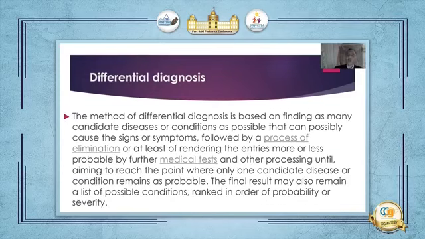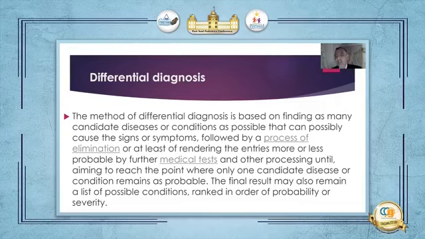Then differential diagnosis will help. The method of differential diagnosis is based on finding as many candidate diseases or conditions as possible that can possibly cause the signs or symptoms, followed by a process of elimination or exclusion, or at least of rendering the entries more or less probable by further medical tests and other processing, aiming to reach the point where only one candidate disease or condition remains as probable.